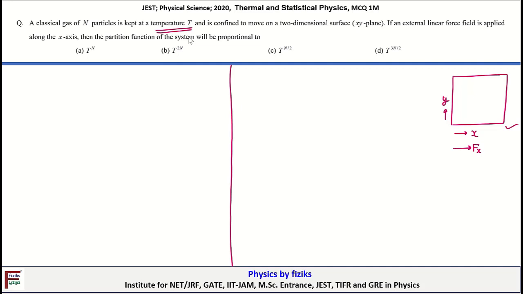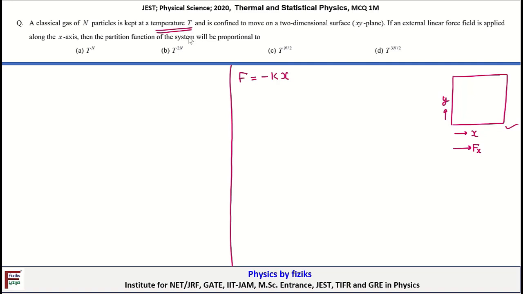The equilibrium can only be maintained when some sort of restoring force also acts on the particle. The restoring force will be directed opposite to the displacement, as we do in the case of a spring, so opposite to the applied force. So that is minus kx here.